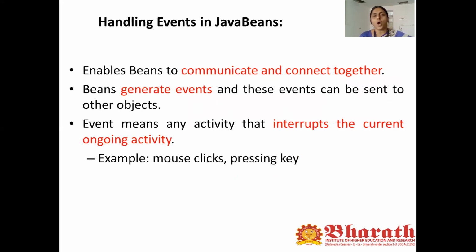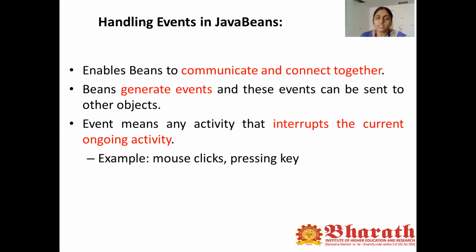And now we will see how to handle events in Java Beans. This enables beans to communicate and connect together. Beans generate events, and these events can be sent to other objects.